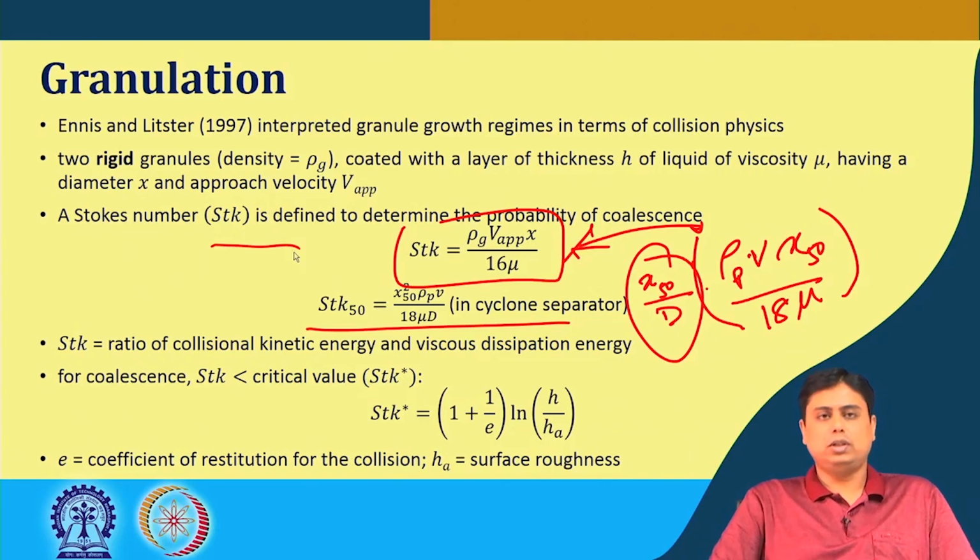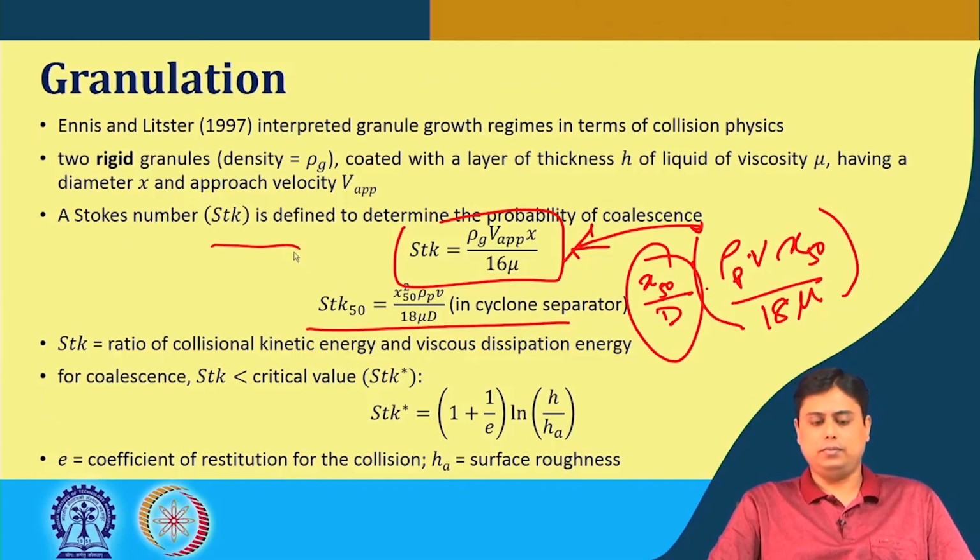Now, here the Stokes number is the ratio of collisional kinetic energy and the energy that dissipates by viscous dissipation.